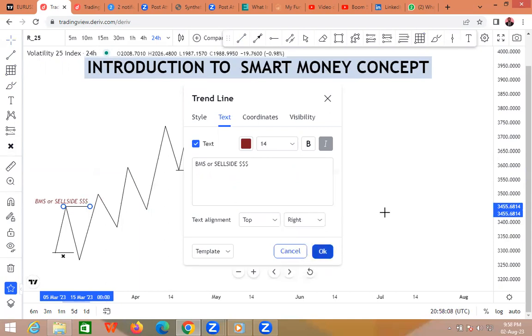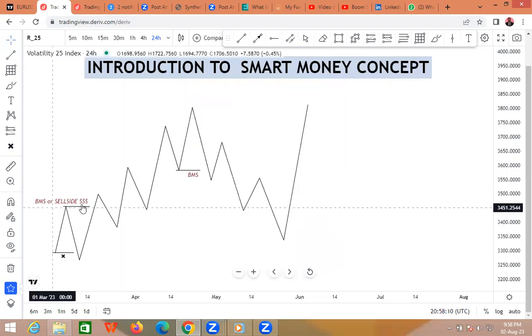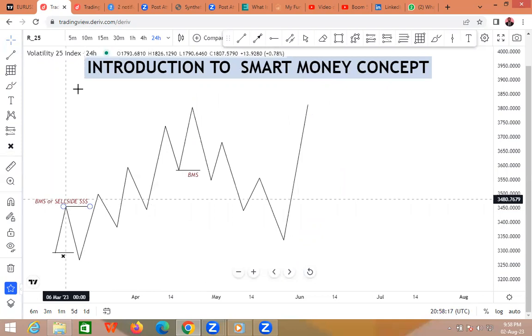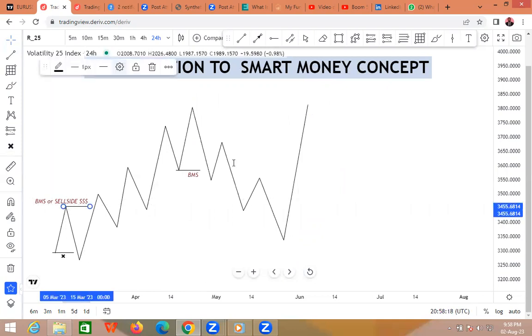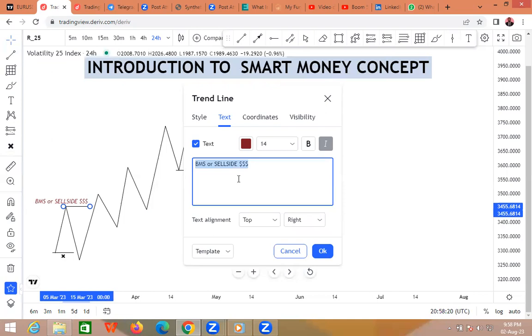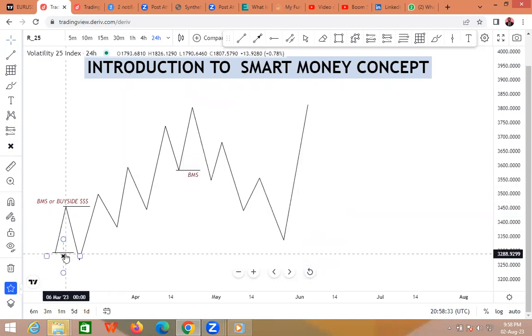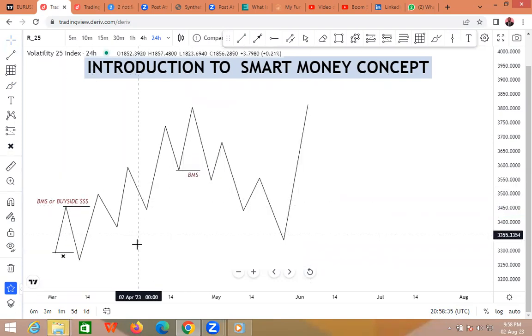Okay, maybe something like this. So this is a break of the market structure, or sell side liquidity. Buy side liquidity, sorry. So we have that price broke structure after sweeping, broke structure to the upside.